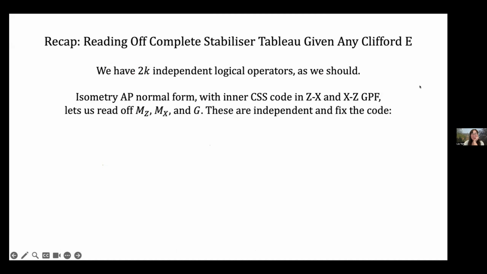So we can prove that, well, I guess the proof is just by reading off that this works for arbitrary Clifford encoders of arbitrary stabilizer codes, that we can always read off a complete stabilizer tableau. The number that we have is correct. It's neither too few nor too many, and they're all independent, for both the tableau and for the encoder.